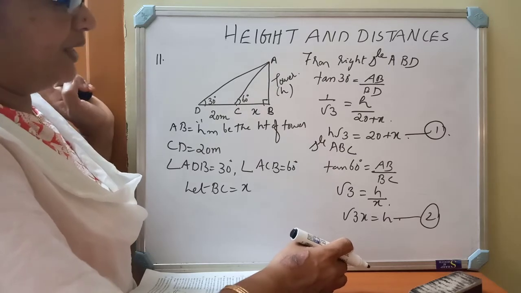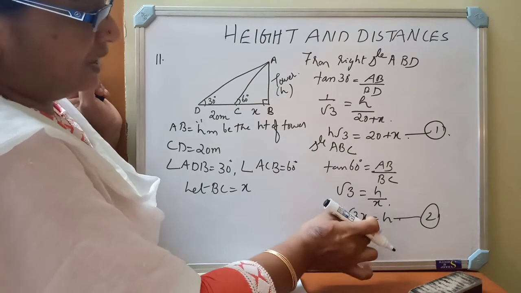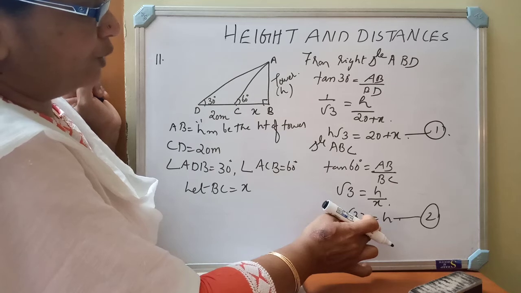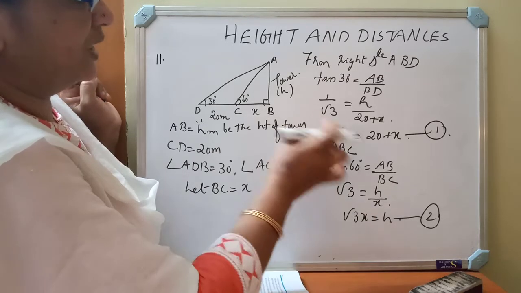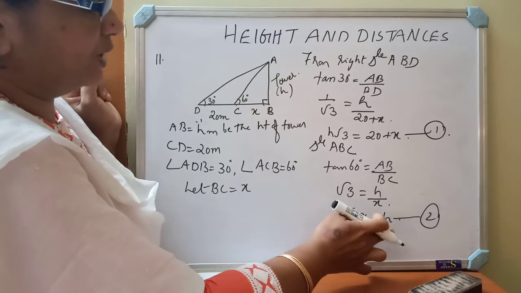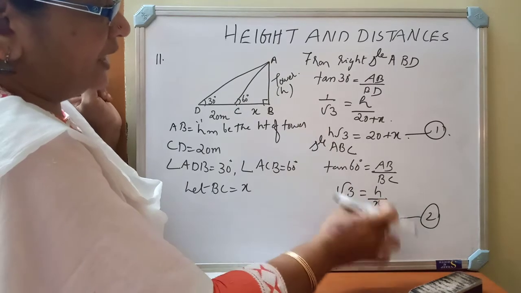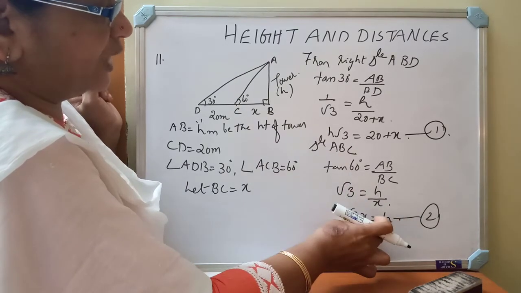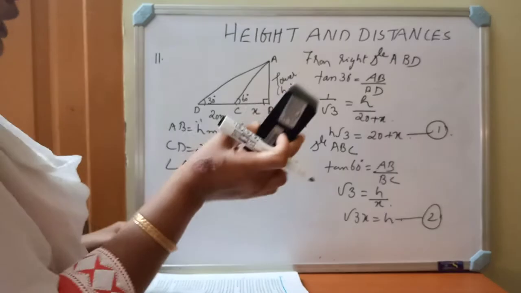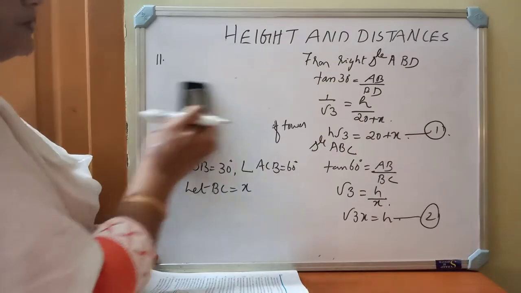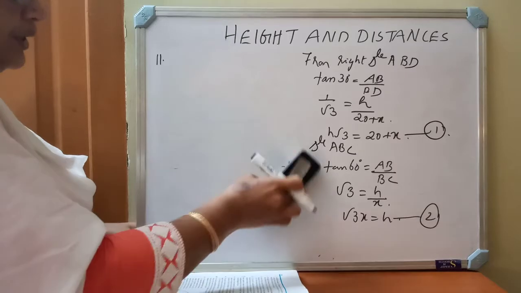Okay. For finding the X value, what we have to do means we have to substitute H, second equation, in first equation. If we are substituting the second in first, in the place of H you must write root 3x. Okay. So substitute 2 in 1.